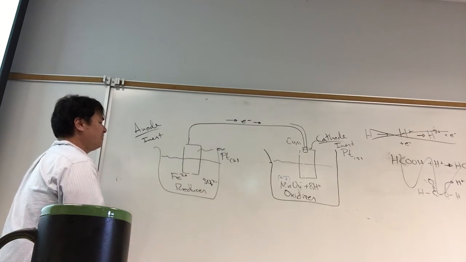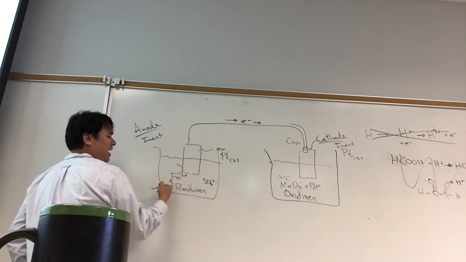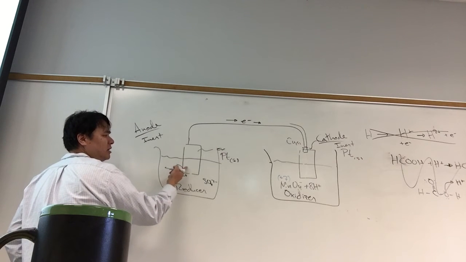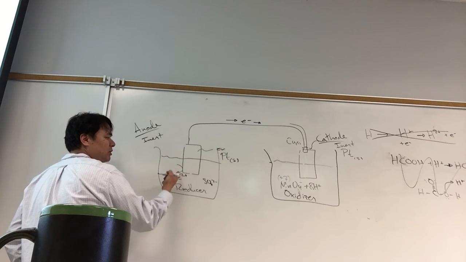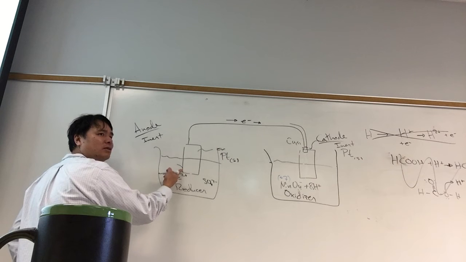All right, so what's going to happen here is the iron 2+ is going to collide with the platinum. And when it collides, it's going to feel a tug. Something's trying to pull the electron off the iron 2+. What is trying to pull the electron off the iron 2+?